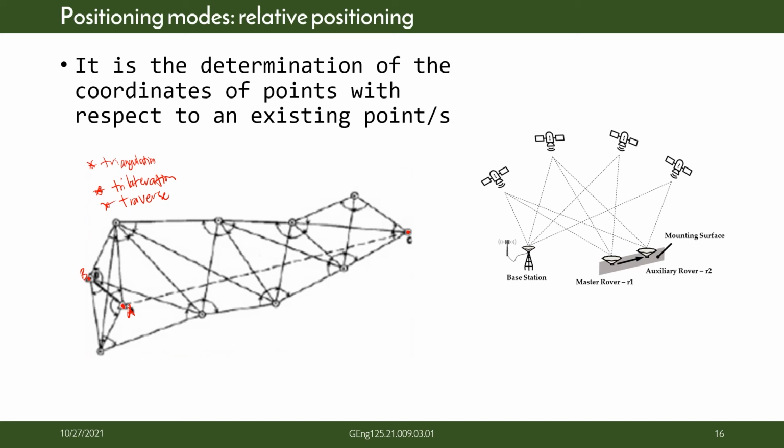This is what we call relative positioning, because you refer the coordinates of point C with respect to the known stations. It could be A or B, or both, just to make this determination stronger.